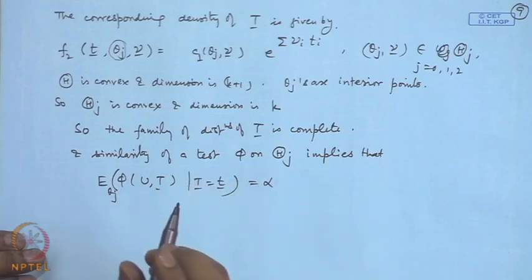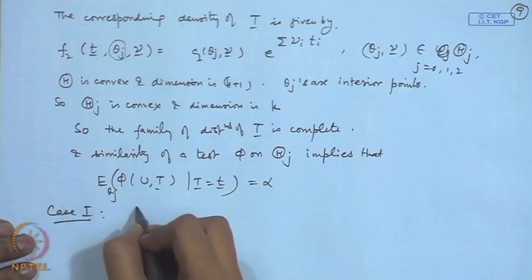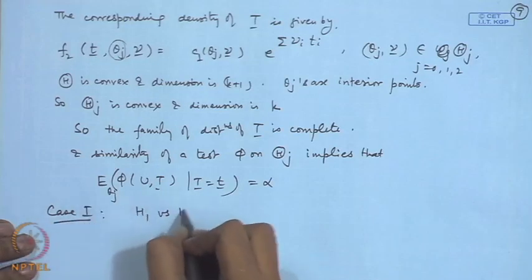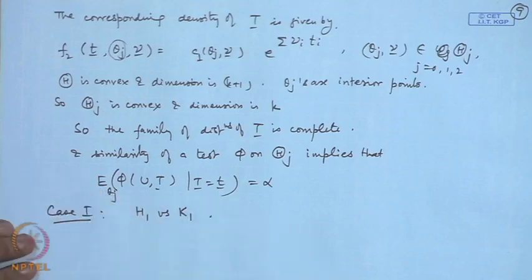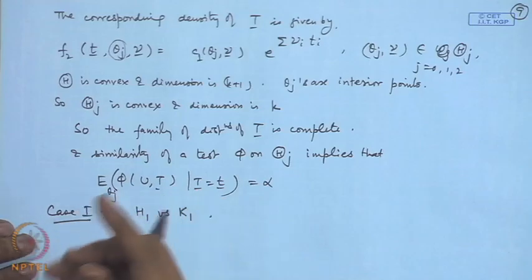So, now let us consider phi 1, phi 2, phi 3 and phi 4 separately. Let us take case 1, that is the testing problem H_1 versus K_1. Another point: yesterday's lemma which we want to use requires that the power functions of the test functions we are considering must be continuous.